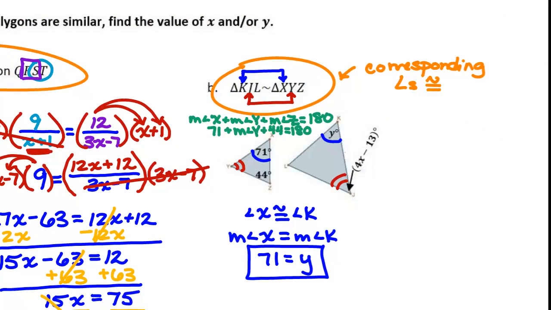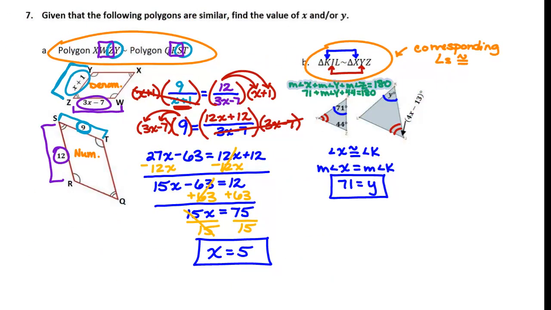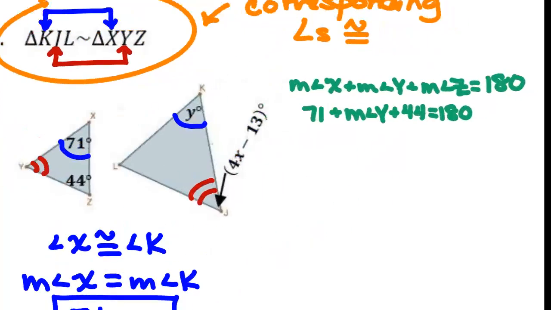I should probably be doing this all on the other side where I have some more space. What is 71 and 44 together? 115. Sorry, I didn't hear the last part. I couldn't tell if it was 15 or 50. There we go.